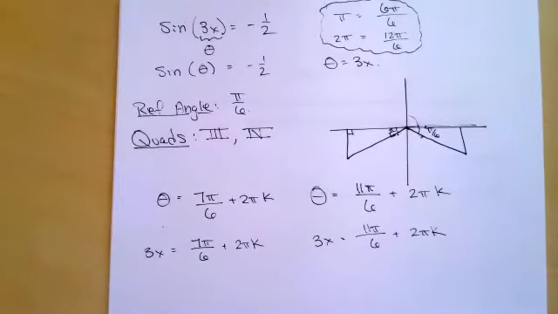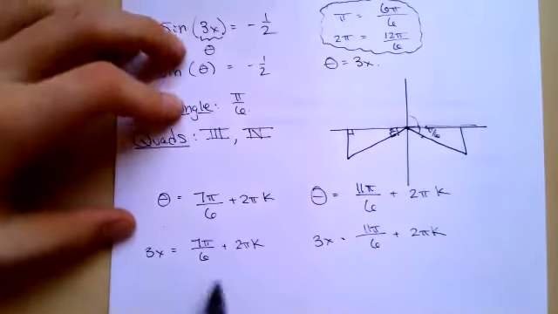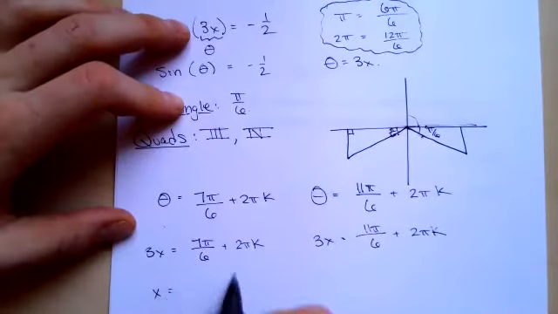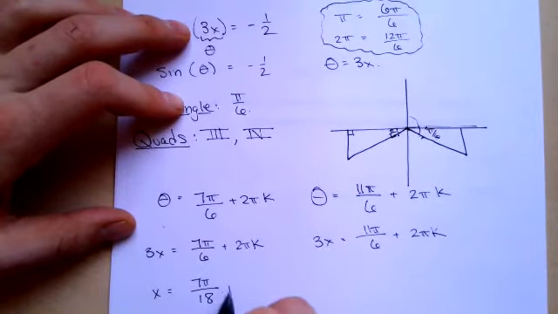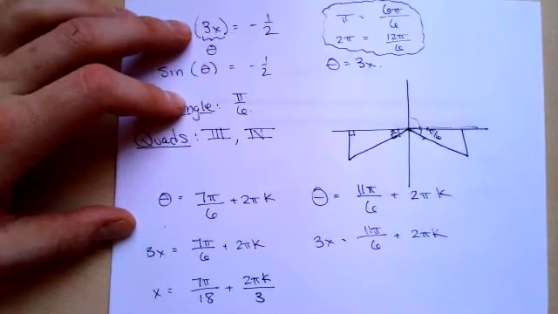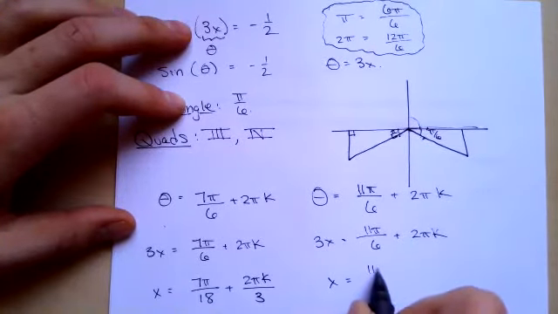So how do we solve for x? Just basic algebra. We want to divide both sides by 3. And just remember to divide both of the terms. So when I divide 7 pi over 6 by 3, we get 7 pi over 18, plus, you can write it as 2 pi k over 3 if you want. Let's go ahead and divide both sides by 3.